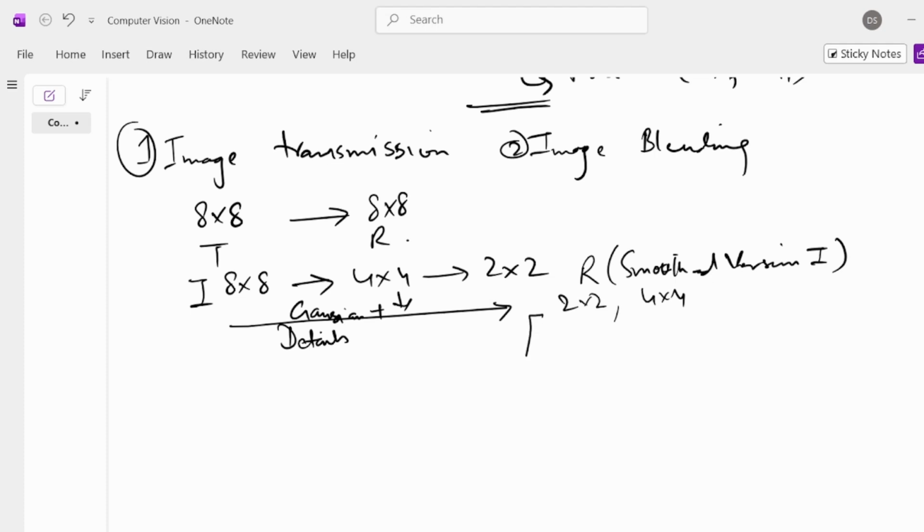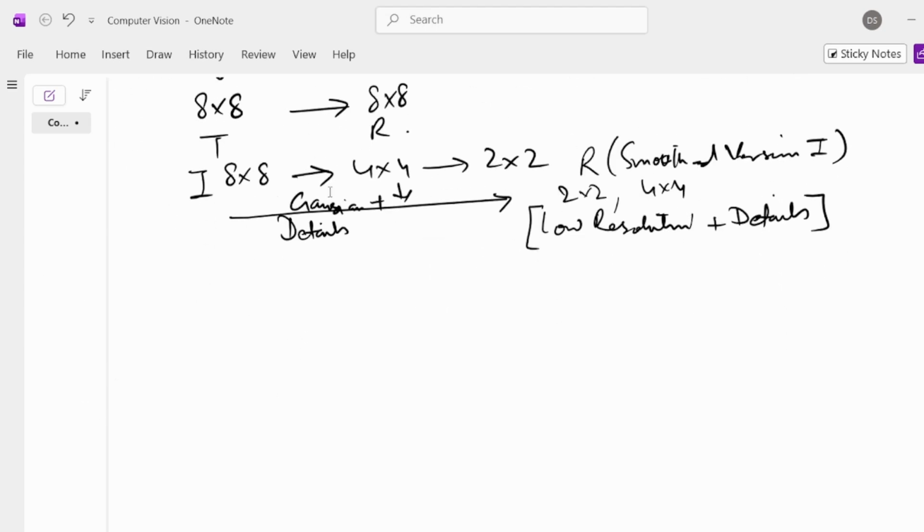So what we really want is low resolution to be transmitted, but we also want the details to be transmitted along, and presently we do not have those details available to us. So now let's talk a bit about the numbers here, what would happen if we send different resolutions. If we are sending all of these resolutions, 64 plus 16 plus 4, we would be sending 84 pixels.